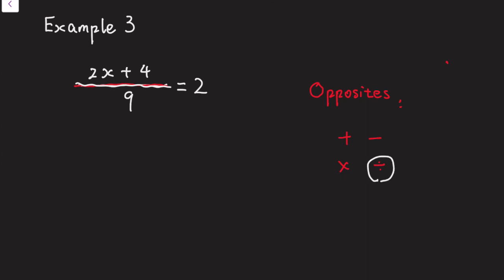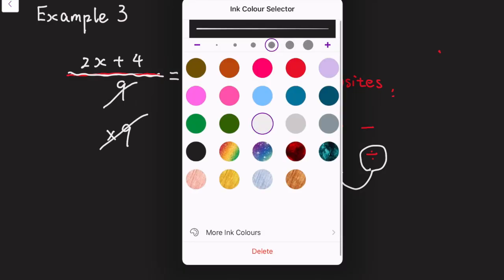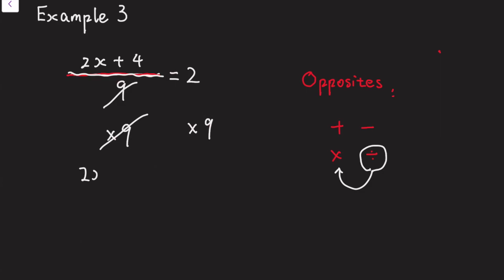The opposite of dividing is multiplying, so here we need to multiply both sides of the equation by 9. It cancels, so you are just left with 2x plus 4. On the right-hand side, you have to calculate 2 times 9 equals 18.